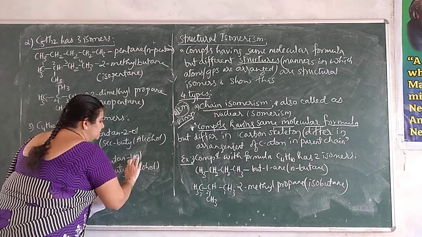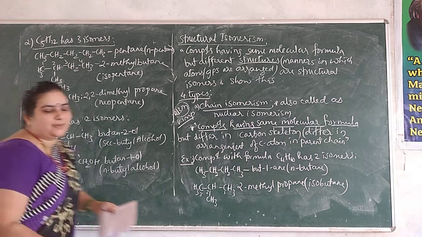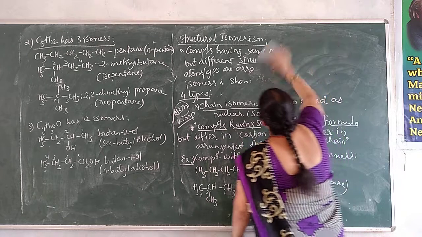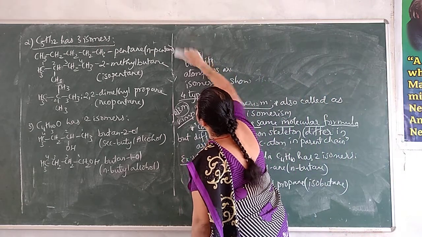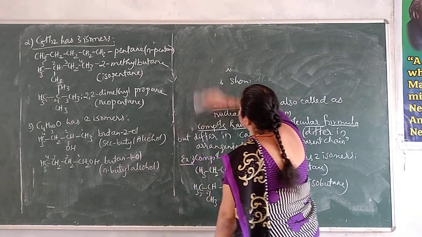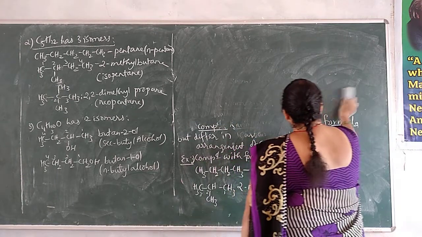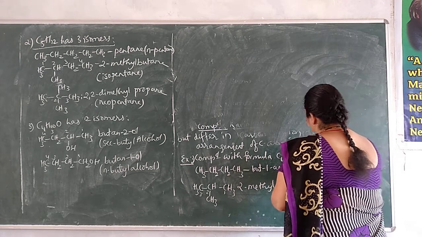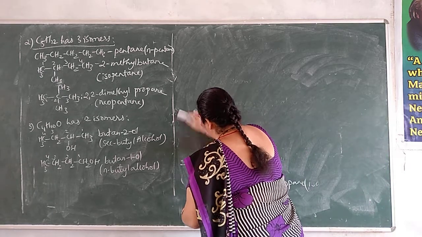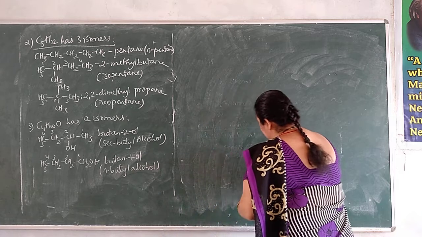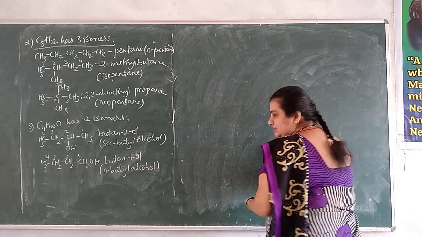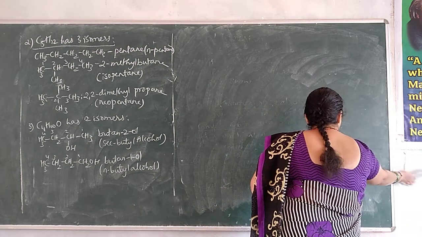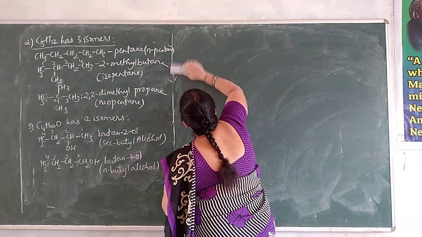Okay, so practice the common names and IUPAC names, it will be easier. Now the second type in structural isomerism, that is position isomerism.